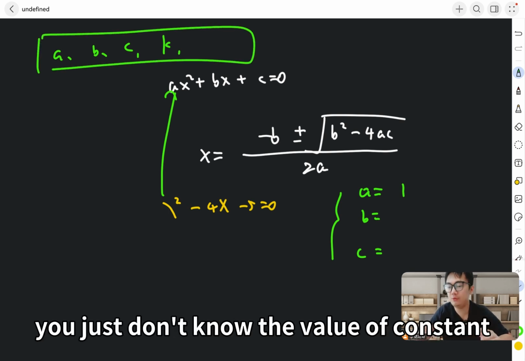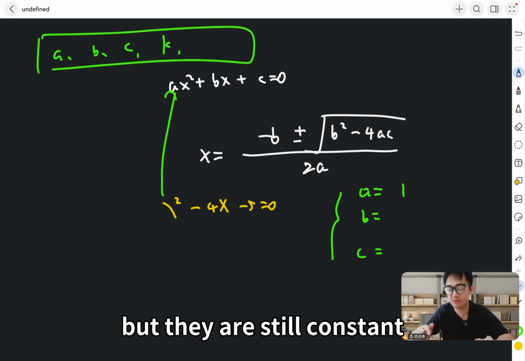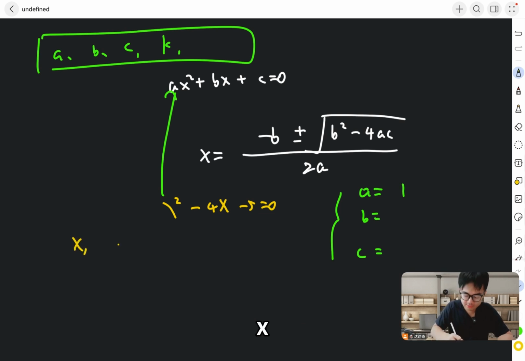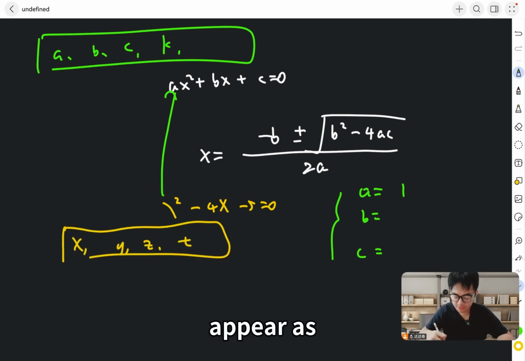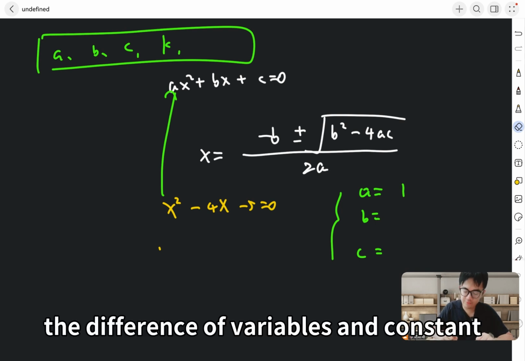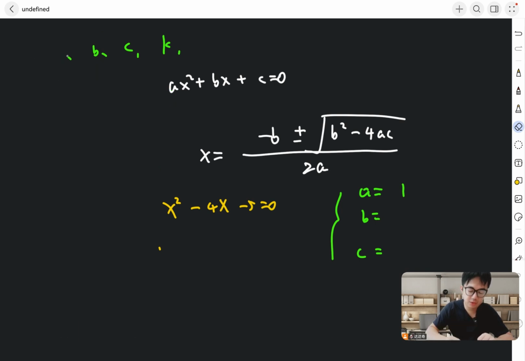You just don't know the value of the constant, but they're still constants. As for x, y, z, t, normally they appear as variables. They're not only unknown, but also changeable. So you should focus on the difference between variables and constants.